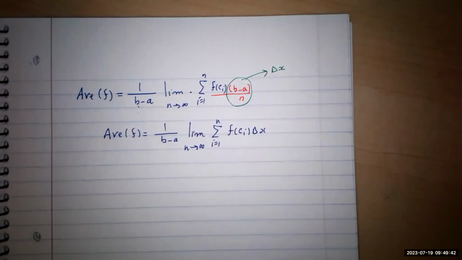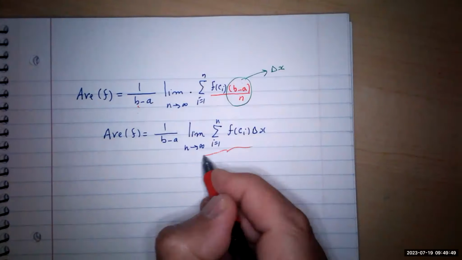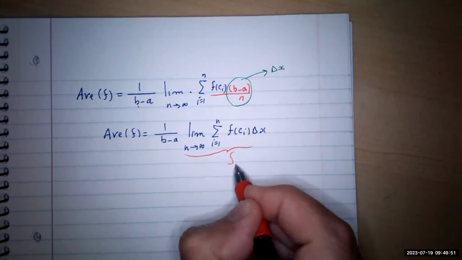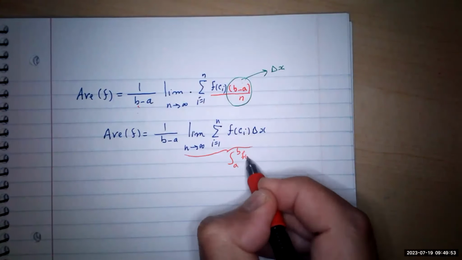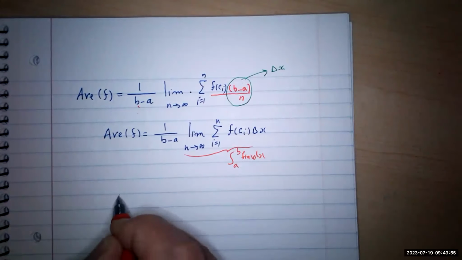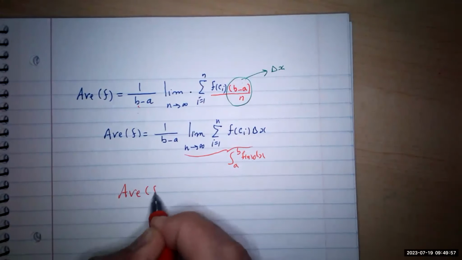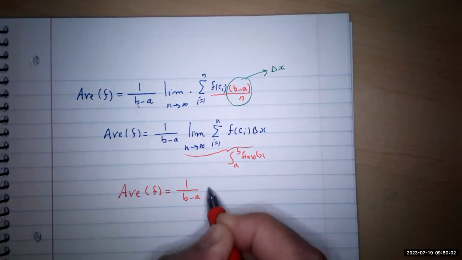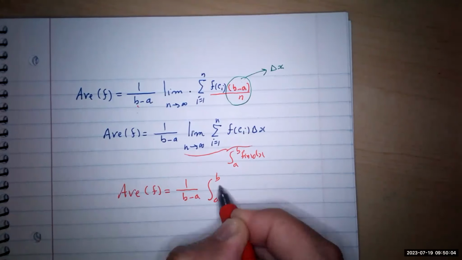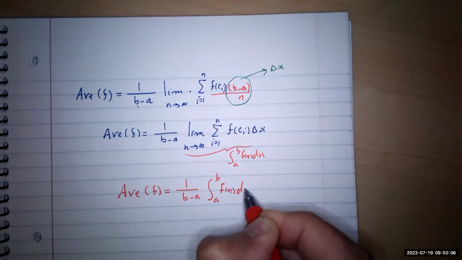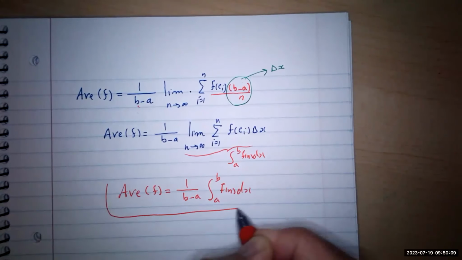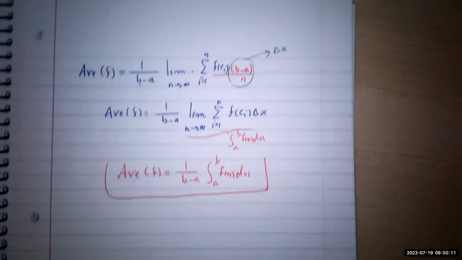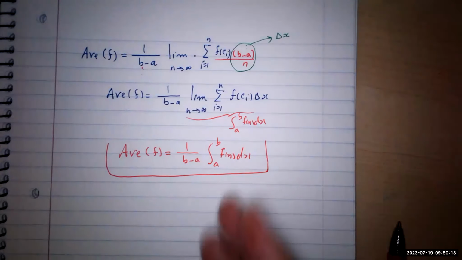And you know that this is exactly the Riemann integral, the integral from a to b of f of x dx. So I arrive at the formula: the average value of a function is simply 1 over b minus a, times the integral from a to b of f of x dx. That's the average value formula. I just proved it for you, but you don't have to know the proof, you just have to know the formula.